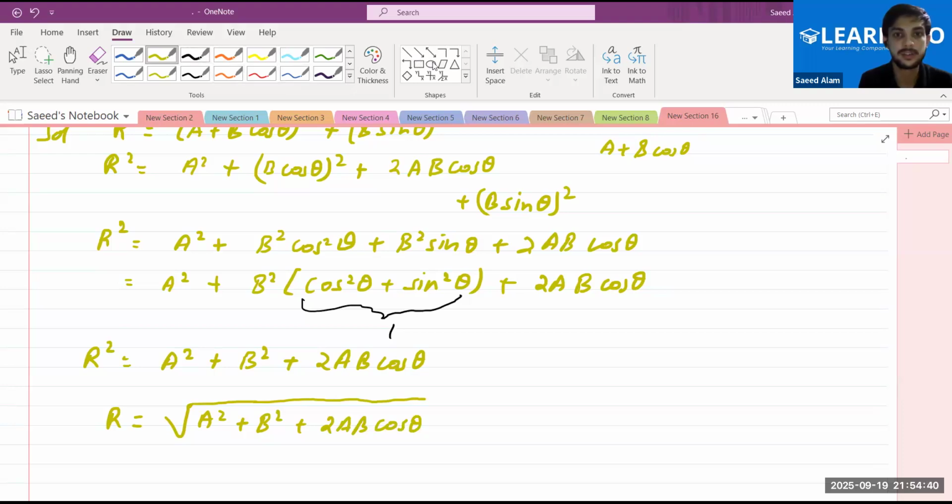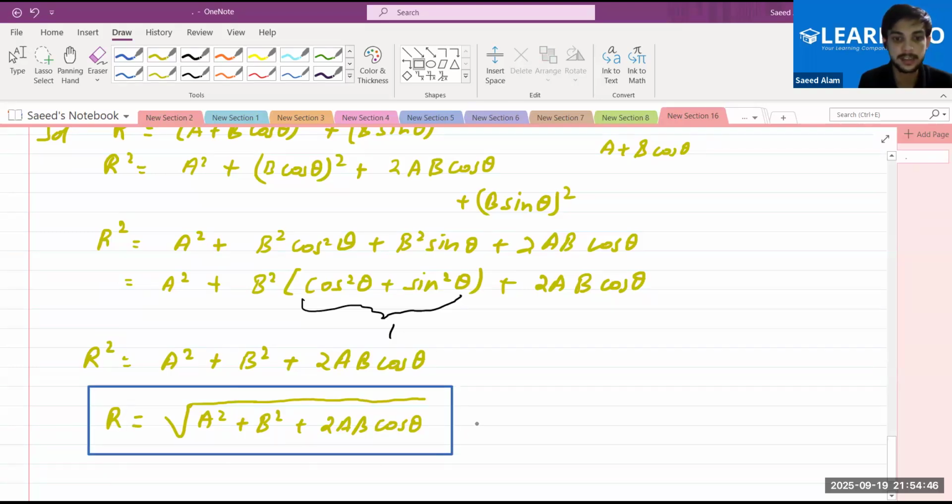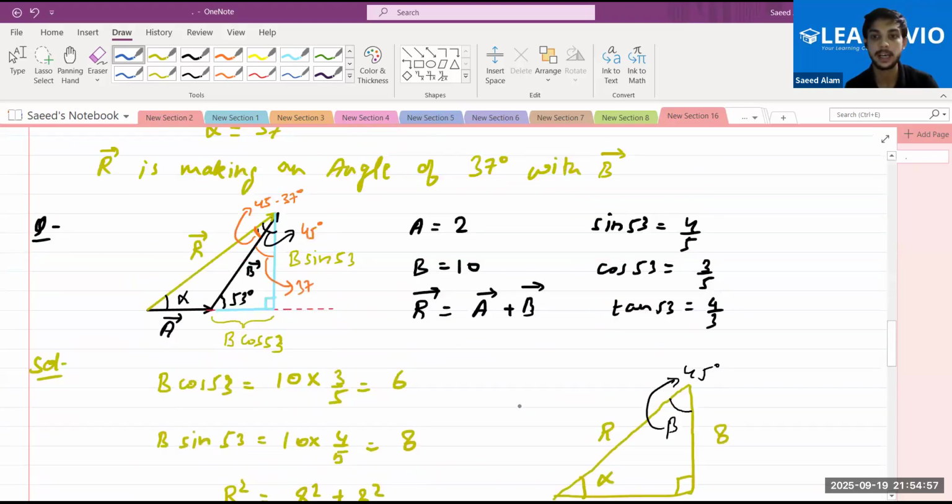Is this okay? Yes. So this is the final expression of the resultant of the two vectors which I can get. Now you will see that whenever you apply this formula in the above three cases, you will still get the same answer. Apply it now with me.